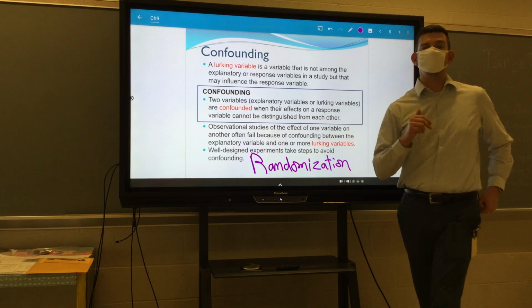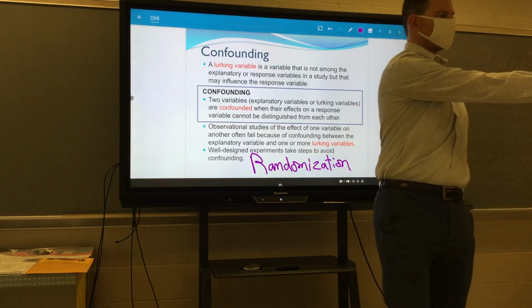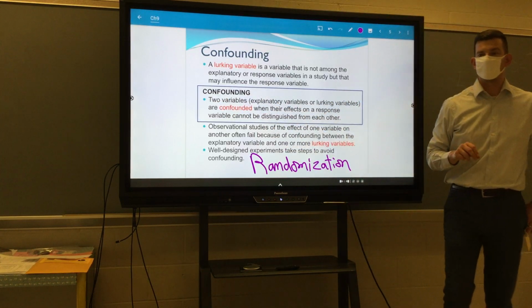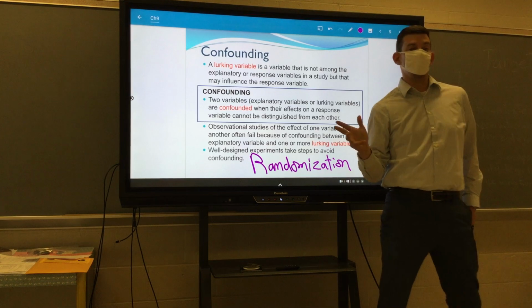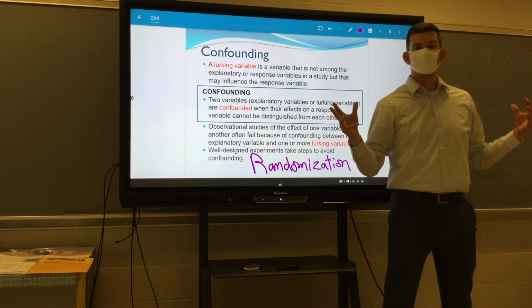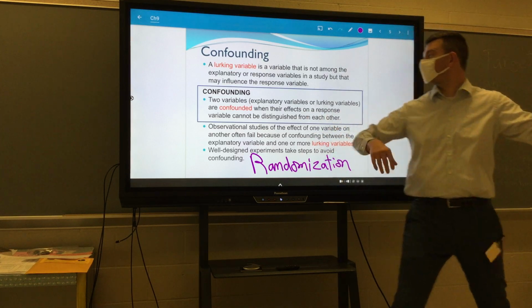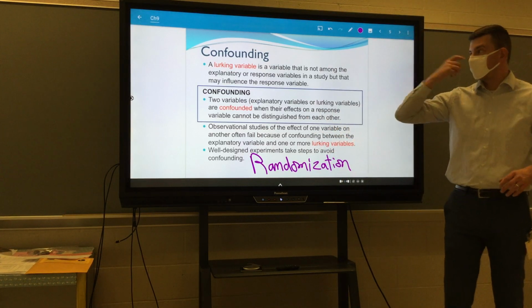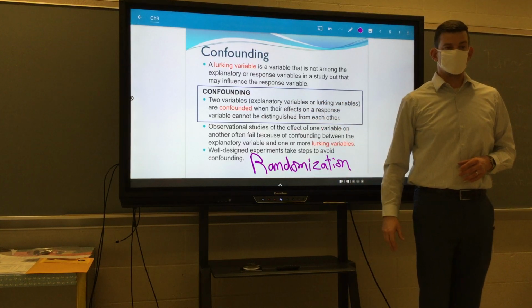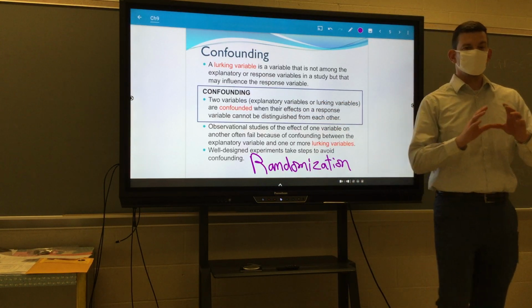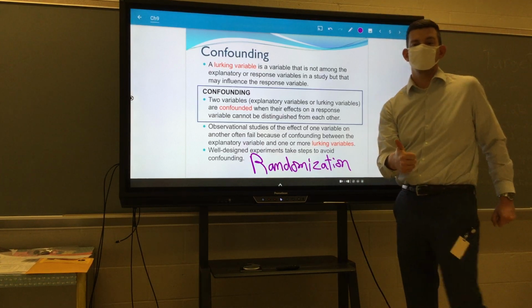So that at the end of this study, if I see a big difference between the results of one group and the results of the other, I can isolate that the only difference between these was that diet. All of those other lurking variables, that confounding, is not an issue with randomized experiments. Leaving the pathway clear to possibly get causation.